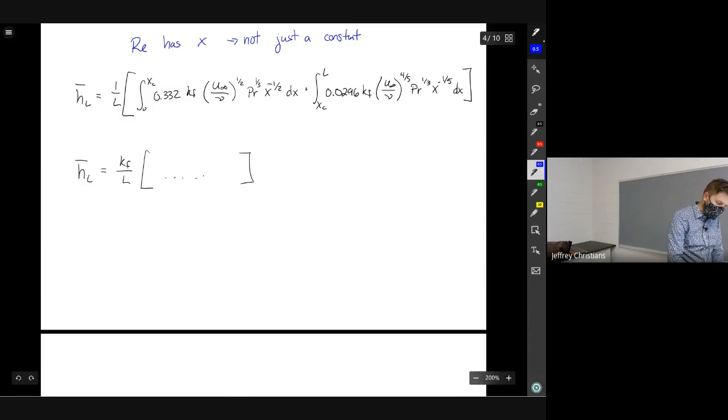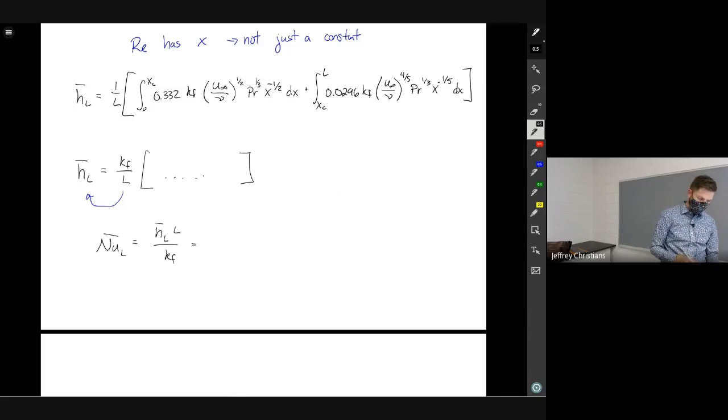If we move this over to this side, that's just the Nusselt number. We're going to still have Prandtl to the 1/3.